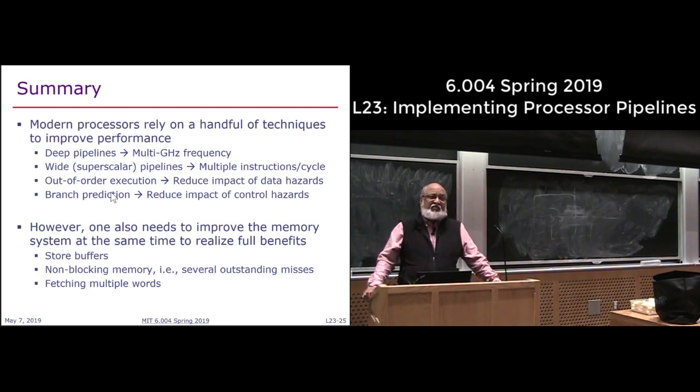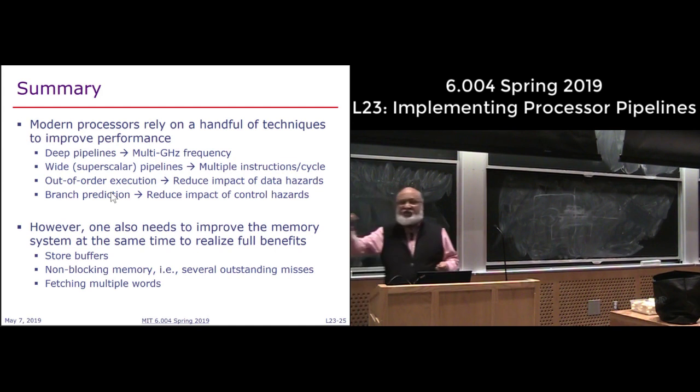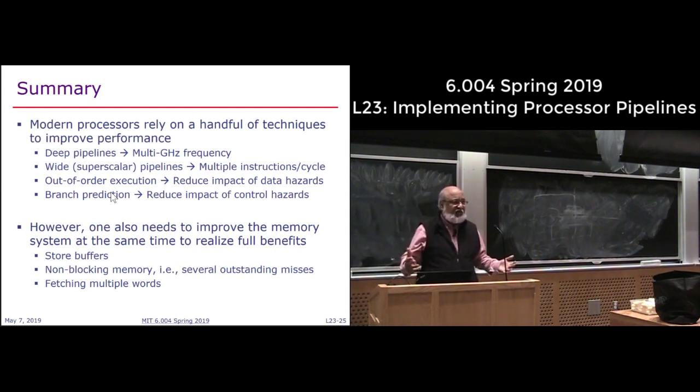And deeper the pipeline, more burden you have in bypassing. Because then if something gets resolved here and you have to bring it back, you're going to lose lots of cycles, right? So deeper pipelines are synonymous, in terms of performance, with requiring more and more bypasses, and bypasses take a lot of area in your system, also take a lot of energy.